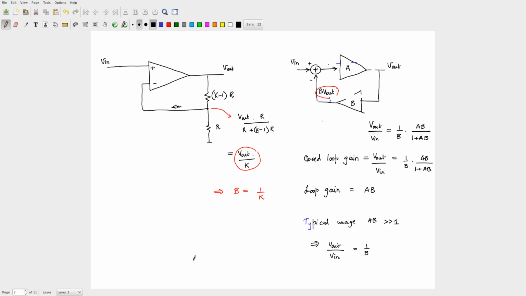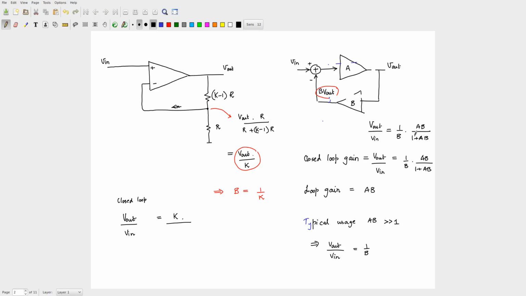Now if I were to write the same things out with B being 1 by K, what happens? V out by V in would be K times, closed loop. So I can write it in another way. I can just divide by AB in the numerator and denominator.